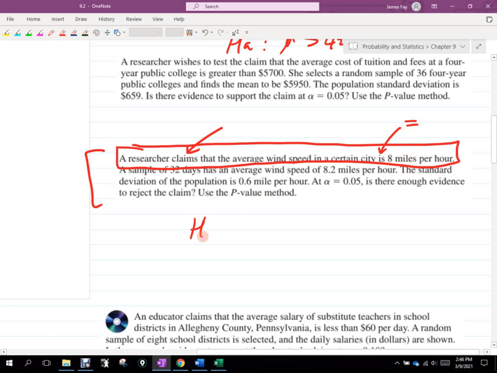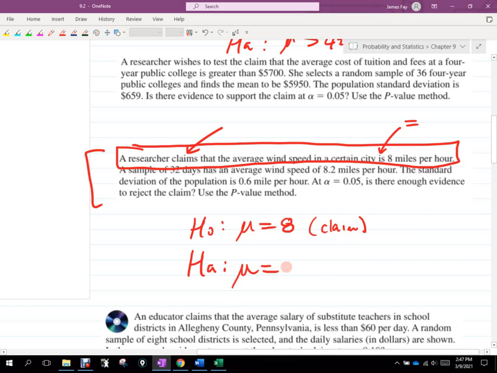So when I say H sub 0 and H sub a, talking about the mean, or average, mu. Now equality is the one that's got to be part of the null hypothesis, right? That has to have equality in it. So that one then is the claim. Is that okay with everybody?